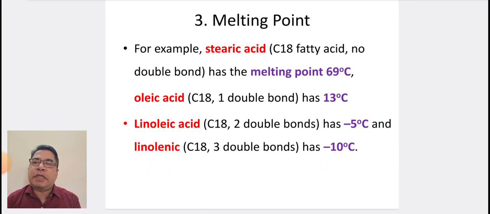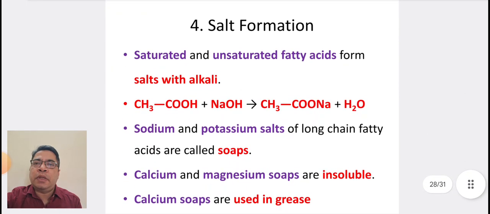For example, stearic acid, a C18 fatty acid having no double bond, has a melting point of 69 degrees centigrade, whereas oleic acid has a melting point of 13 degrees centigrade. Linoleic acid has minus 5 degrees centigrade, whereas linolenic acid has minus 10 degrees centigrade.